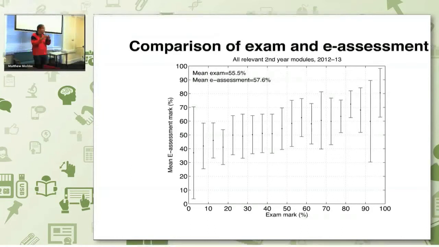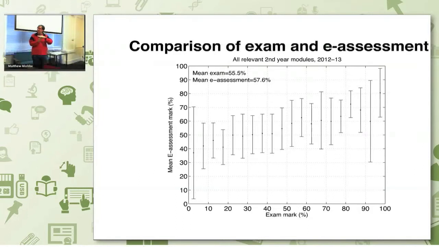Now, the first nice thing about this is at least the slope's in the right direction. That's a very good thing. So basically, good students who've done well in the exam will tend to do well in the Blackboard assessment, and the weaker students in the exams also tend to do worse in the electronic assessments as well.